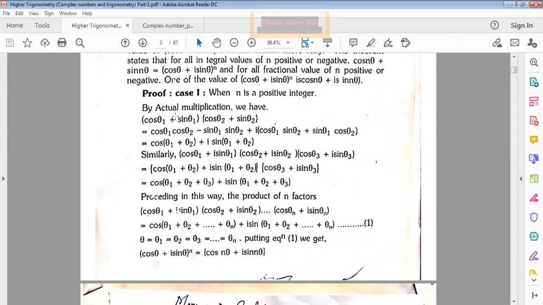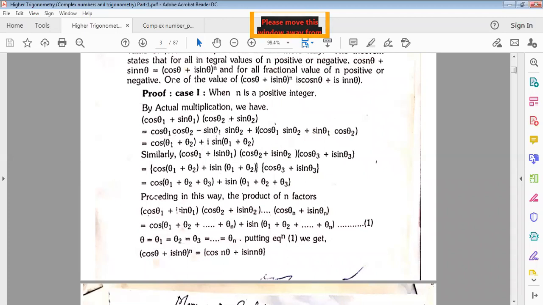Here the i cannot be seen, you have to put i. Now this equals just multiplication. Taking multiplication, we get cos theta 1 cos theta 2 minus sin theta 1 sin theta 2, plus i common, then cos theta 1 sin theta 2 plus sin theta 1 cos theta 2.